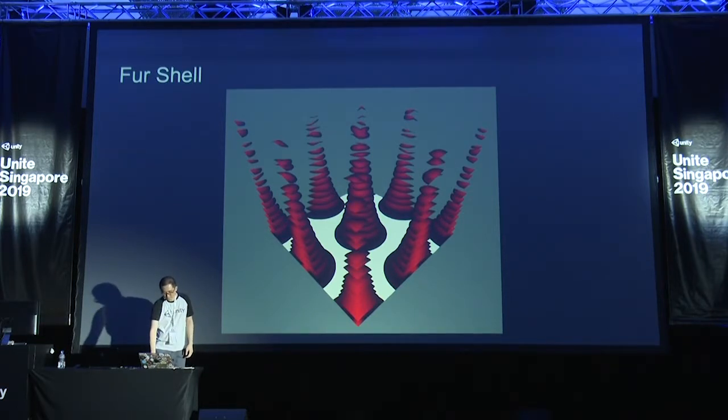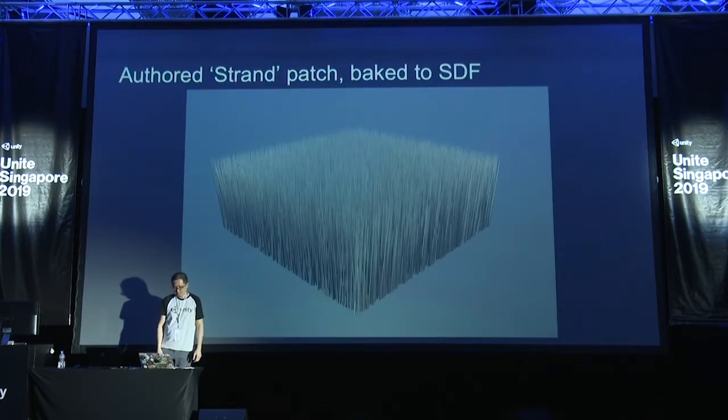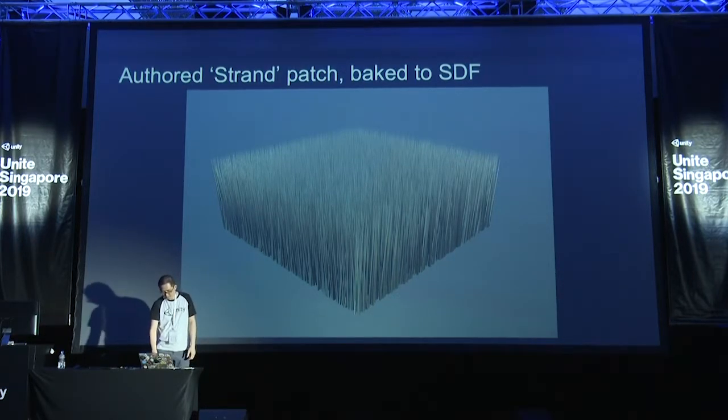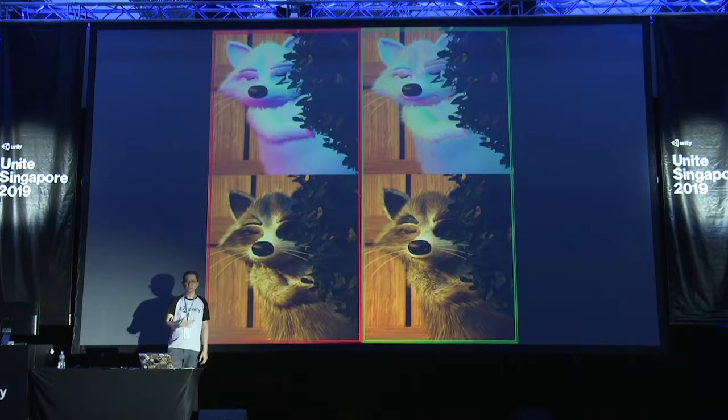And another very interesting idea is to bake a fur patch created with a mesh into an SDF, a signed distance field. So Steve designed this model patch of fur. He modeled individual strands of this fur, and he baked it into an SDF, a signed distance field. And then this signed distance field is applied to the surface via a shader, and it dictates how the fur shell will behave.